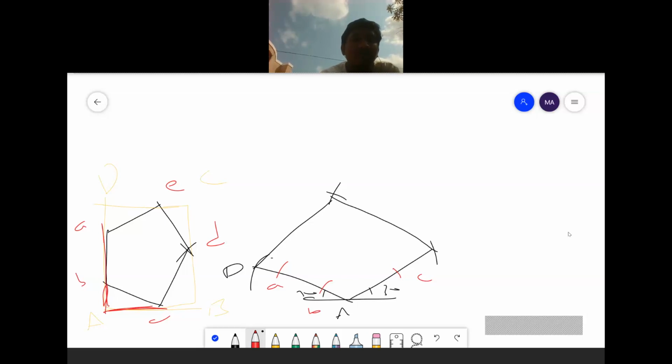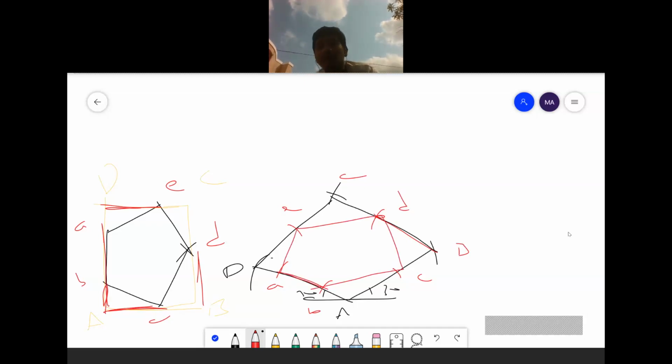I'm measuring from D to E and cutting an arc here. I will get the E point. I'm measuring from B to D, cutting the arc here. I will get the D point. I'm joining all these points A, B, C, D, E. I will get a pentagon.